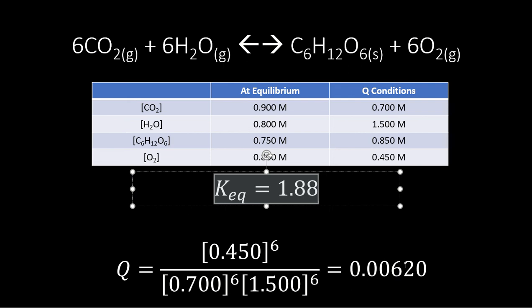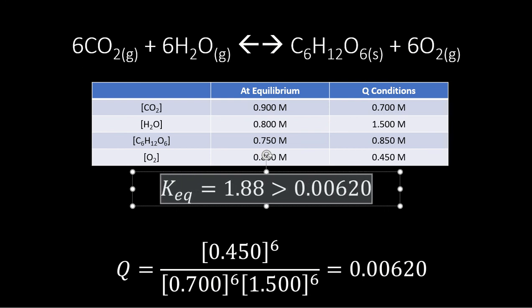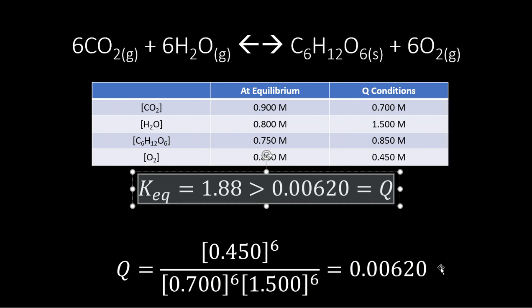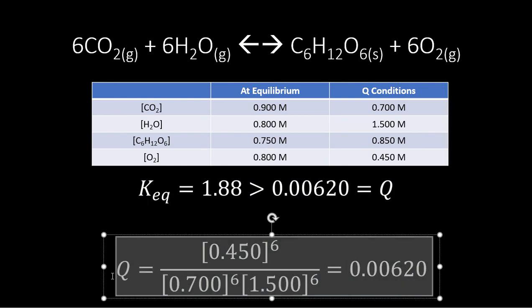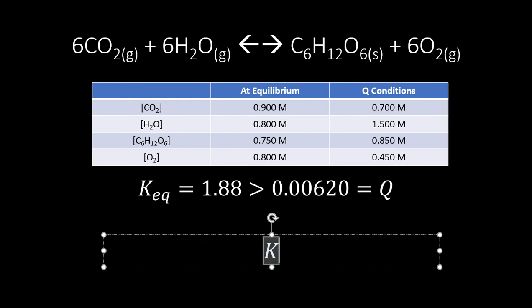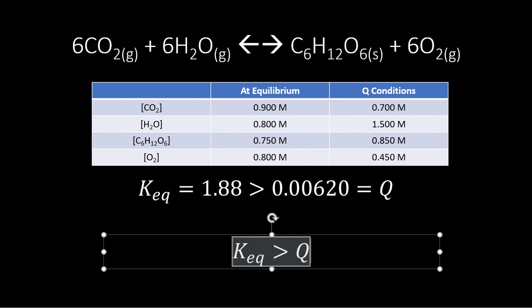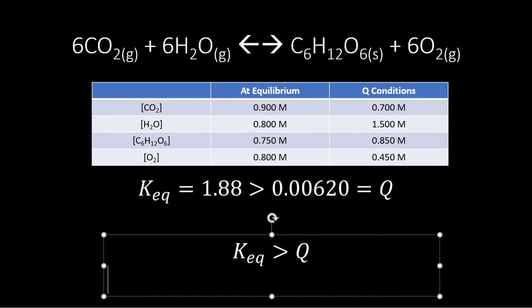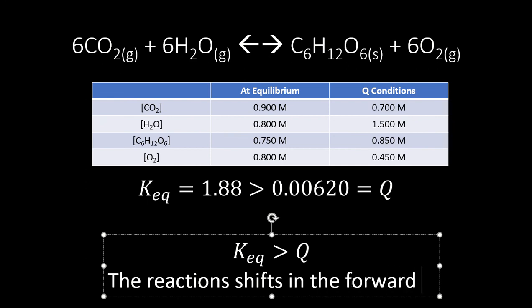Now, comparing KEQ, the equilibrium constant, to our reaction quotient, KEQ is again much greater than the value that we got for Q. So essentially, since KEQ is greater than the value of Q, once again we are going to say that the reaction shifts in the forward direction.